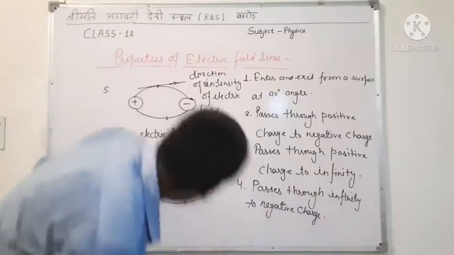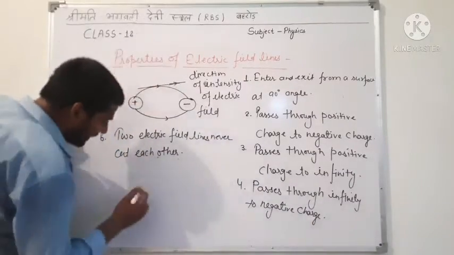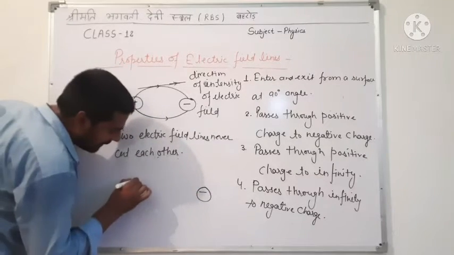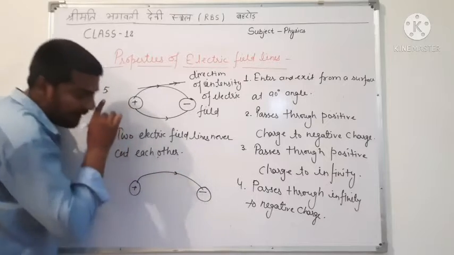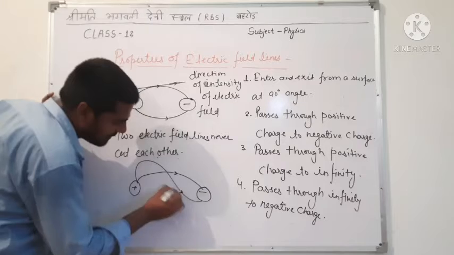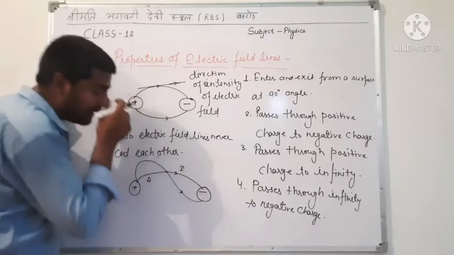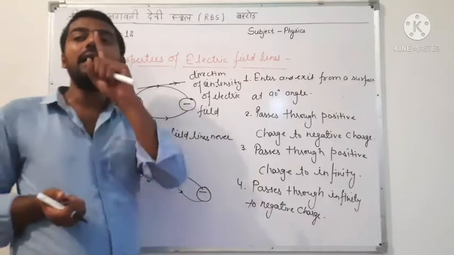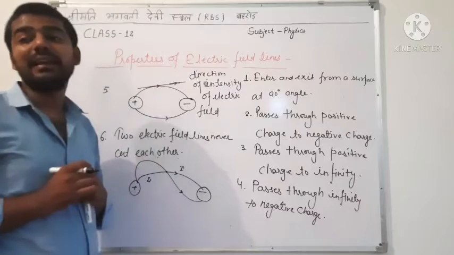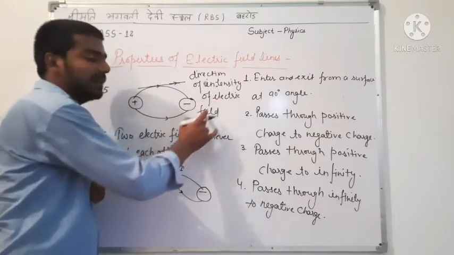Again, here this is positive charge and this is negative. This is the first electric field line and this is the second electric field line. At this point they cut each other. A tangential line at an electric field line represents the direction of intensity of electric field.